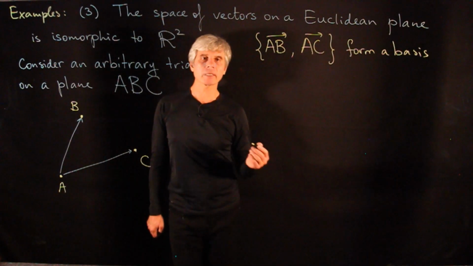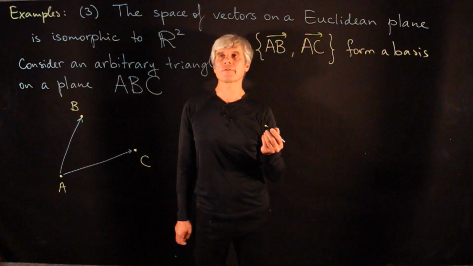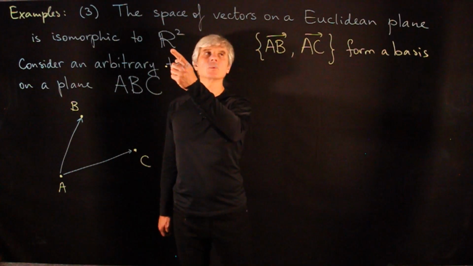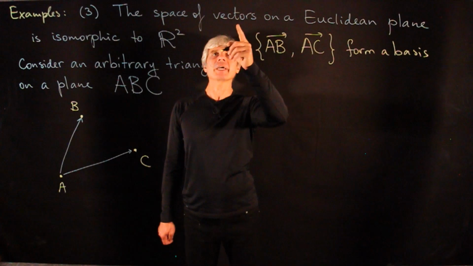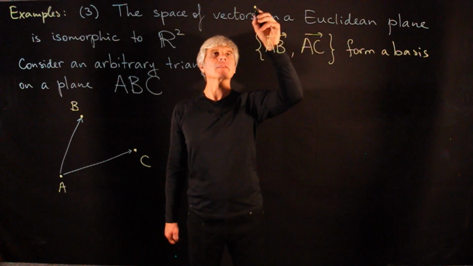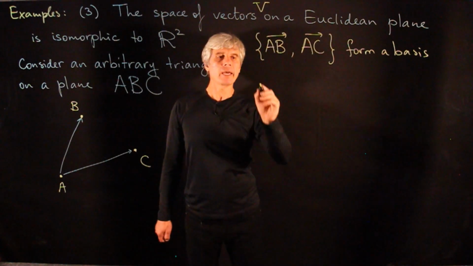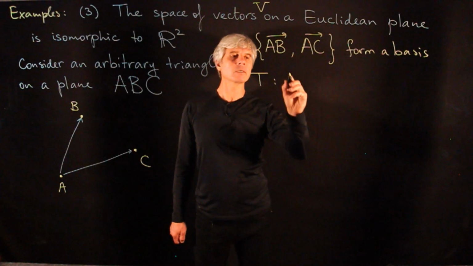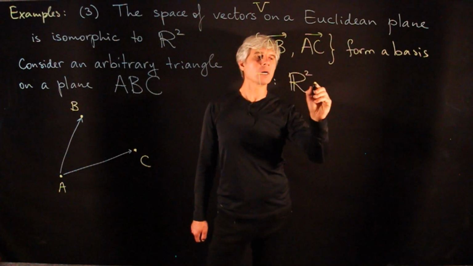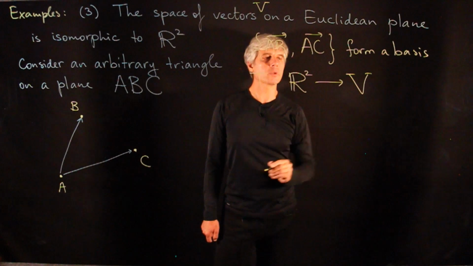Now we can construct our actual isomorphism between R2 and this space of vectors on the Euclidean plane. Let's call this space V.